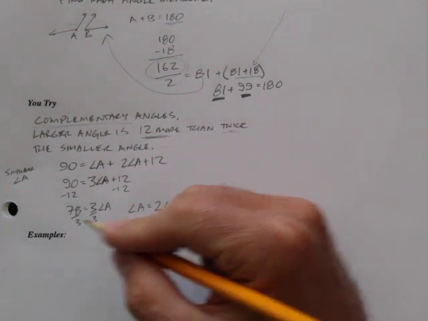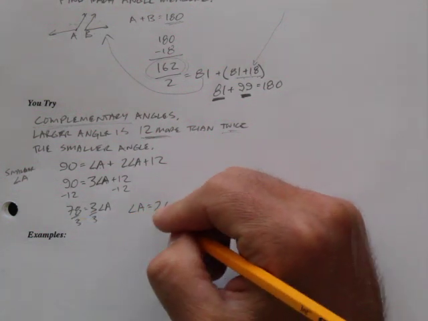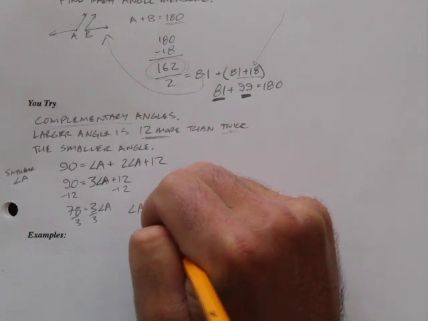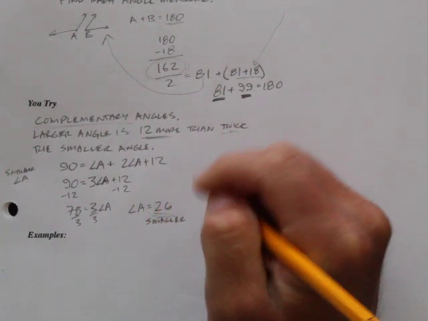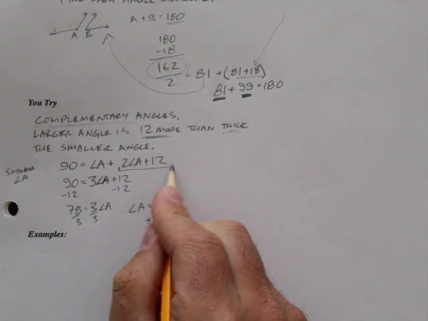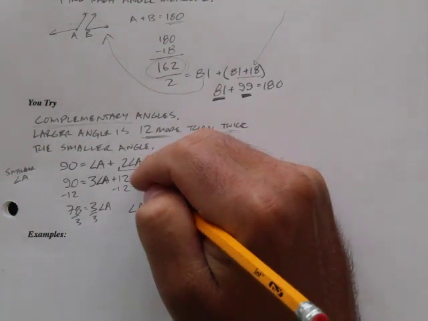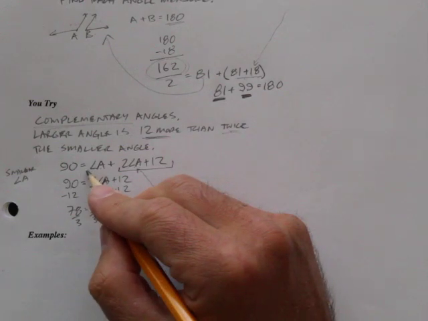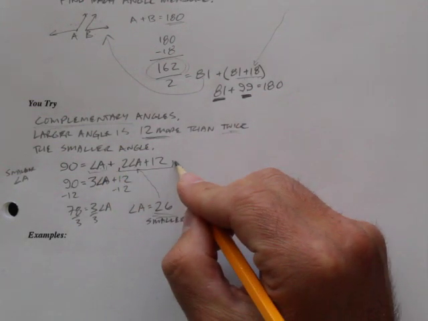Yep. So that gives me my smaller one. Now the larger one is this with 26 plugged in for A. So this is the smaller angle, this is the larger angle.